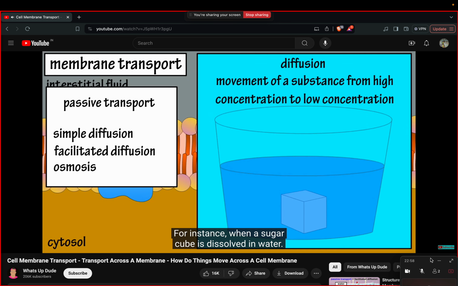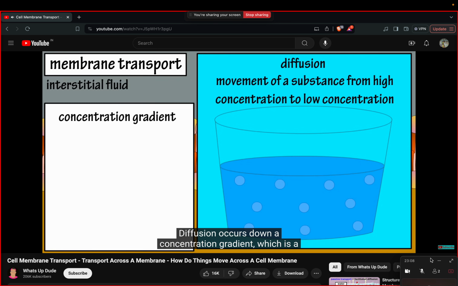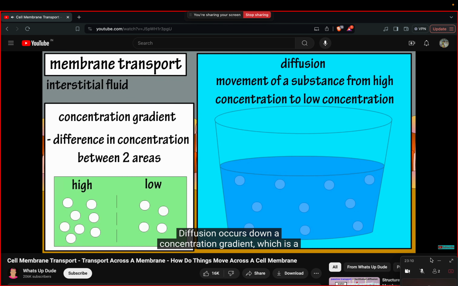For instance, when a sugar cube is dissolved in water. Over time, the cube will dissolve and eventually spread out evenly in the water until it reaches equilibrium. Diffusion occurs down a concentration gradient, which is a difference in concentration of a substance between two areas. So the sugar molecules will move from an area of high concentration to an area of low concentration.